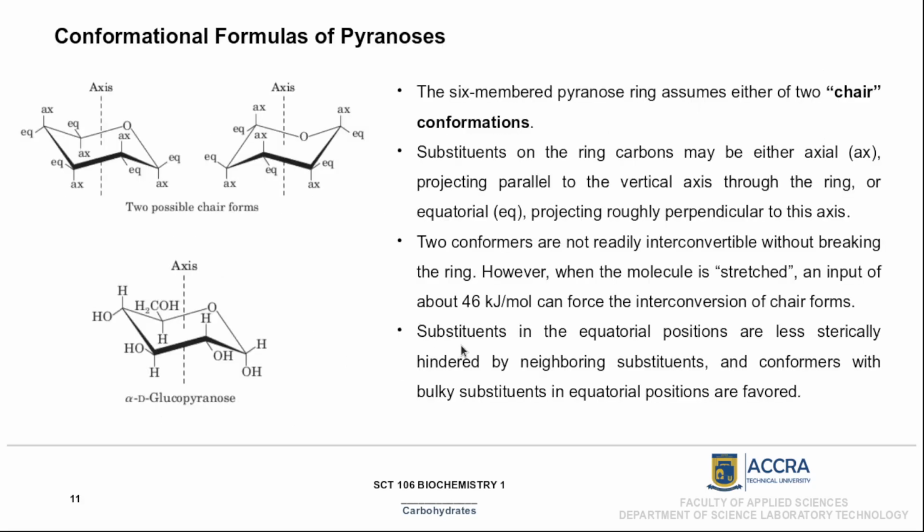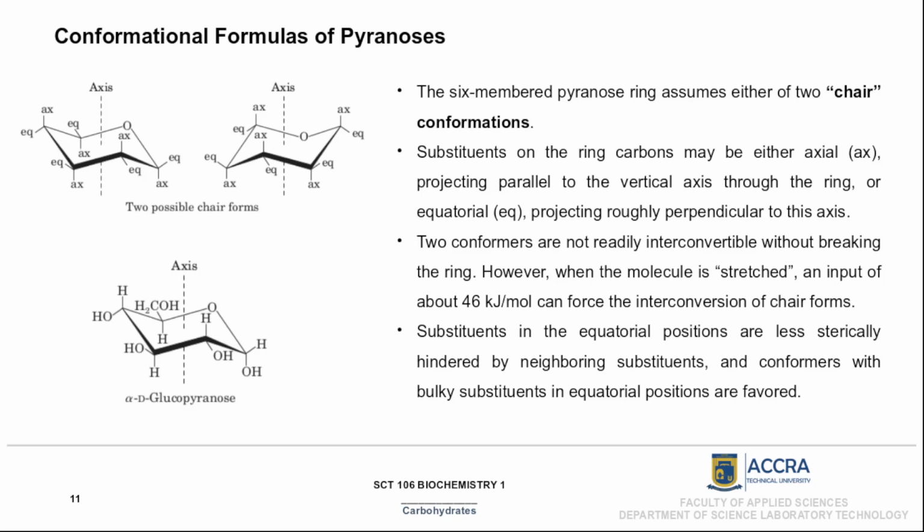Now, apart from the representation of monosaccharides as furanoses, or as the six-ring structure pyranoses, you also have the six-membered pyranose ring assuming either of two chair conformations.